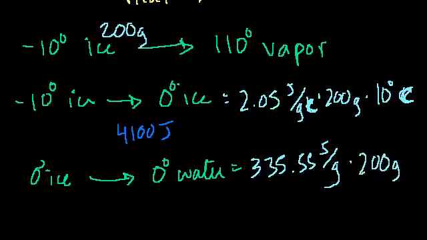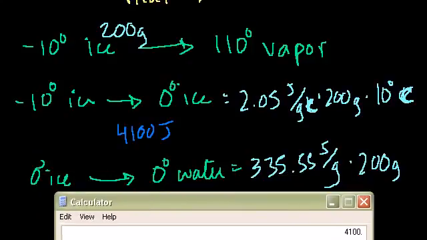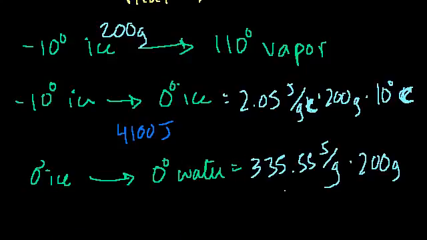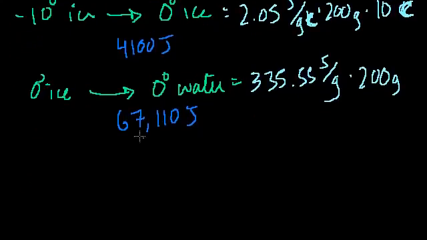Let me get the calculator out. 333.55 times 200 is equal to 66,710. So that's 66,710 joules to melt the ice, or take it from ice to water.